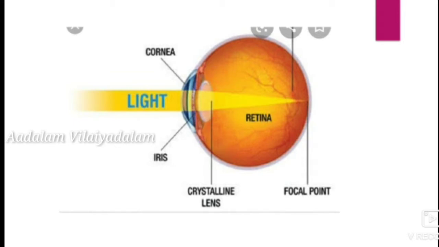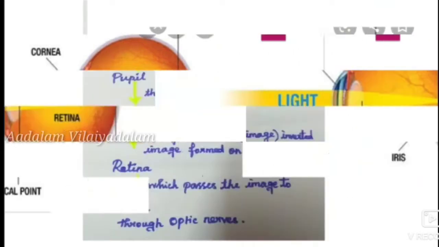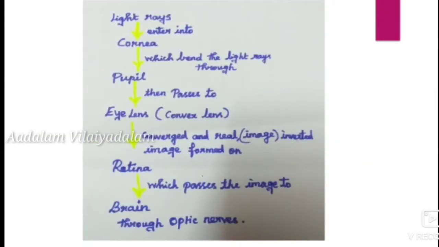A real and inverted image is formed on the retina. Then the retina passes the real and inverted image to the brain through optic nerves. Finally, the brain senses the correct image. So this is the working of the human eye.